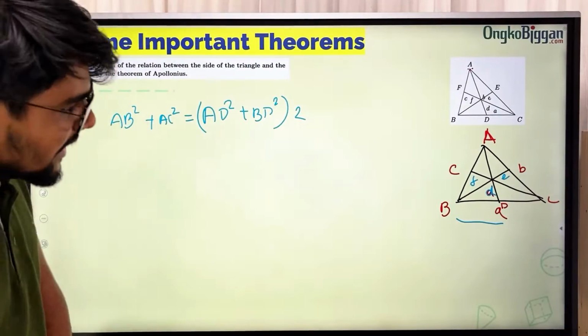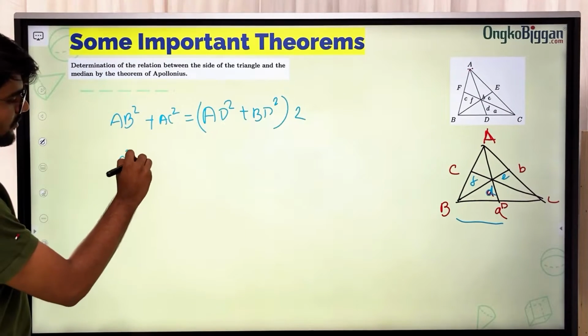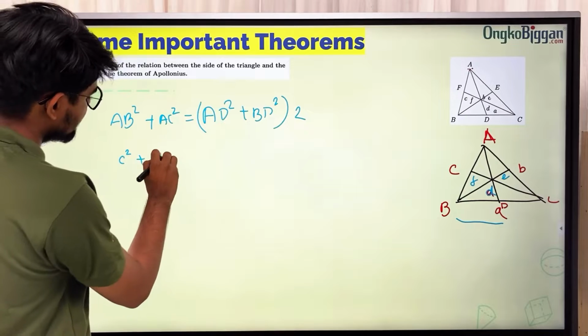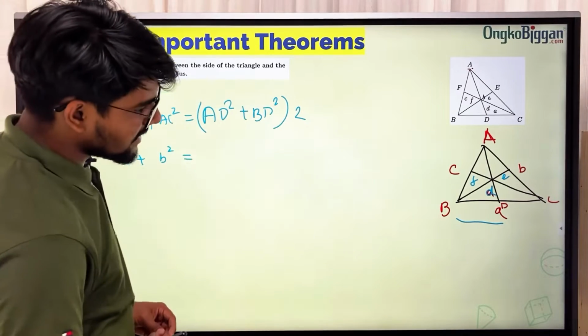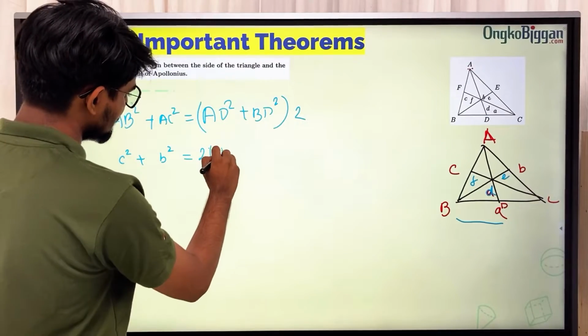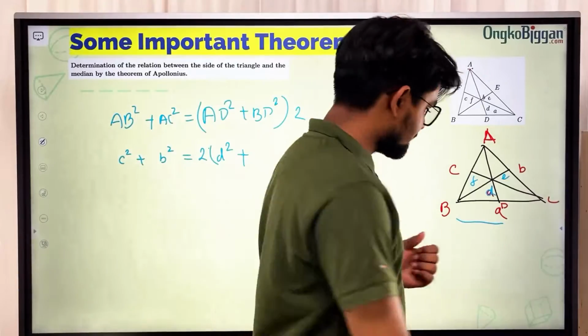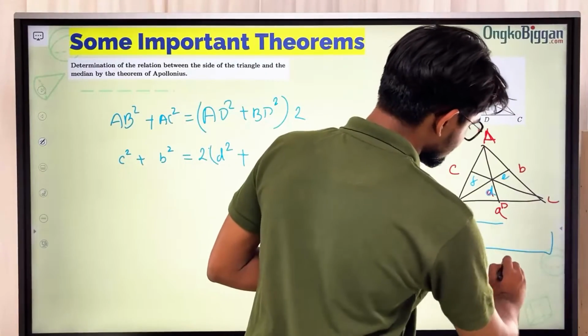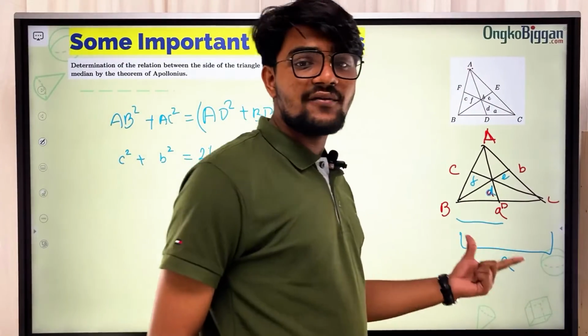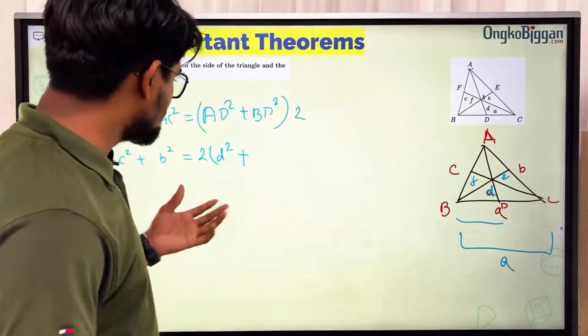So AB square can be written as c square, plus AC square can be written as b square, is equal to, and AD can be written as d. So 2 times d square plus BD square. The total BC is a, and BD is half of a. That means the length of BD is basically a by 2.